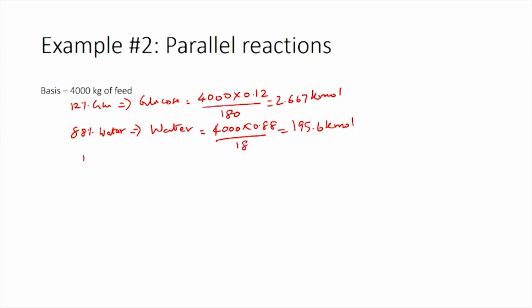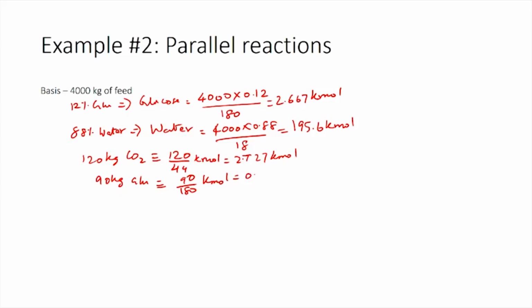So, we convert these masses to moles also. 120 kilograms of carbon dioxide basically would be 120 divided by 44, where 44 is the molecular weight of carbon dioxide, which is 2.727 kilomoles, and you have glucose, which is 90 kilograms of glucose, forming 90 divided by 180 kilomoles, which is 0.5 kilomoles of glucose. So, let us now draw the flow chart for the process.